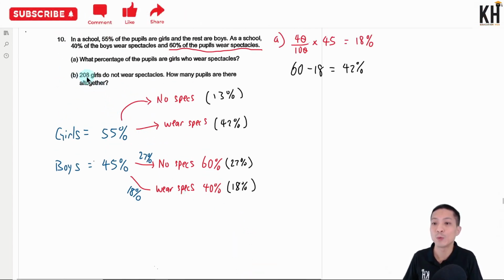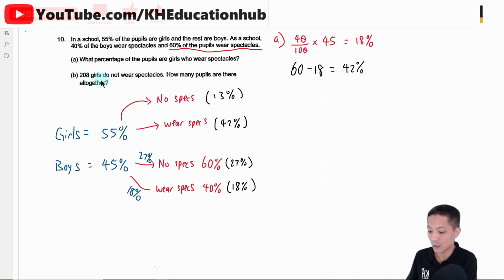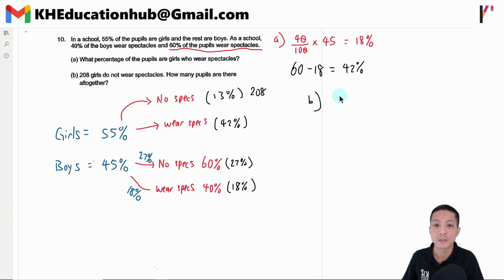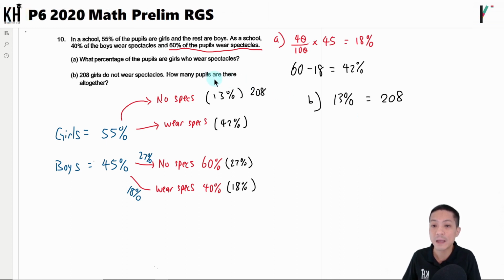Okay, part B, 208 girls do not wear spectacles. Okay, which means that this one is 208. So for part B, 13% is equal to 208. The question wants you to find how many pupils are there altogether, which means that you want to find 100%.